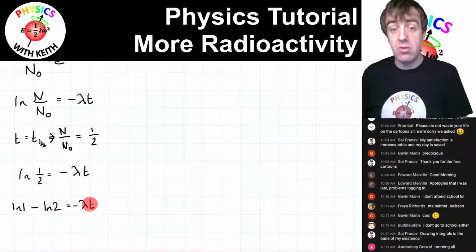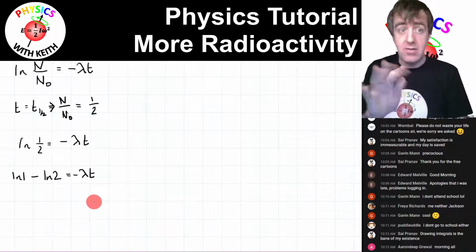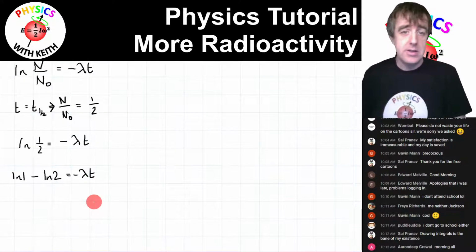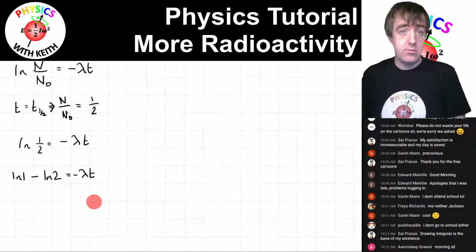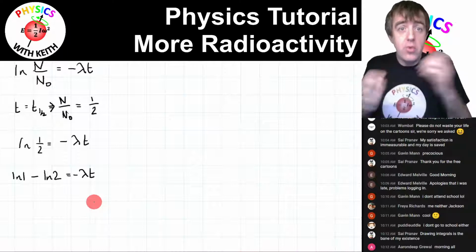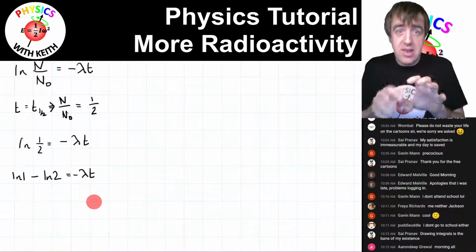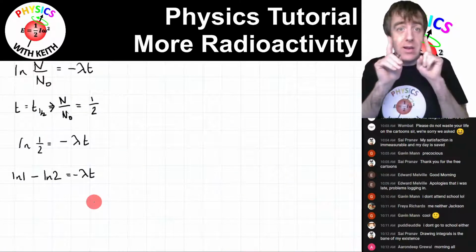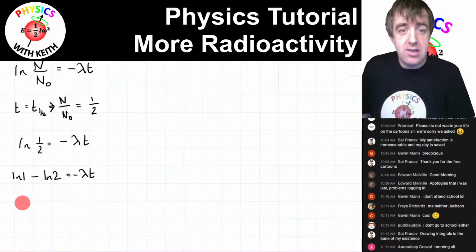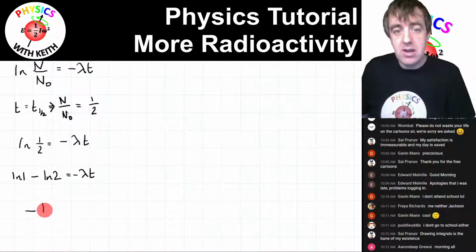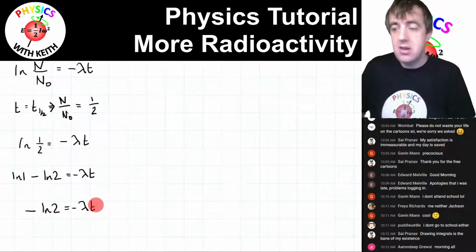And I'm going to record a video all about those laws of logs. I haven't done it yet, but I do want to. Well, the natural log of 1 is 0. What do you raise the base e to the power of in order to get the value 1? 0. So this value here is 0. So we're just left with minus natural log of 2 equals minus lambda t.